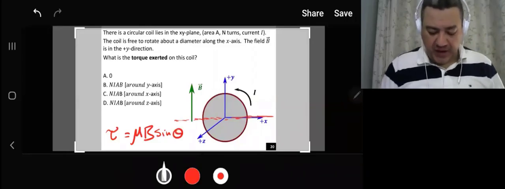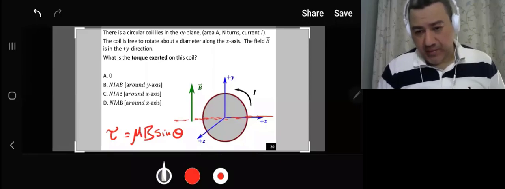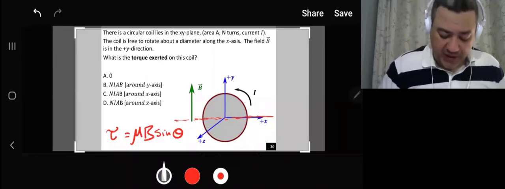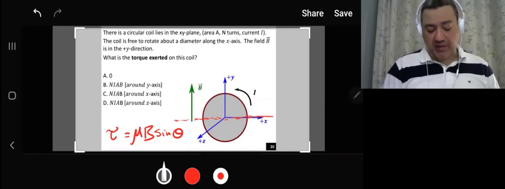So what is theta? Theta is the angle between the magnetic dipole moment and the magnetic field. So yes, it does matter.